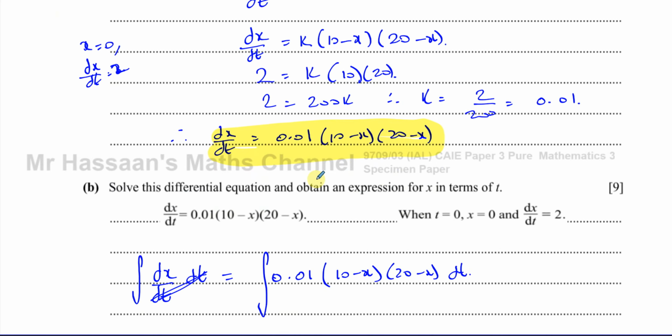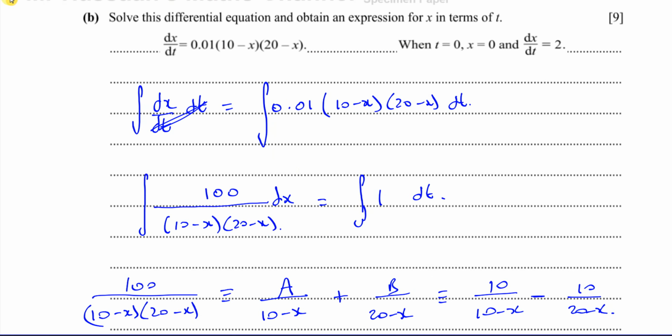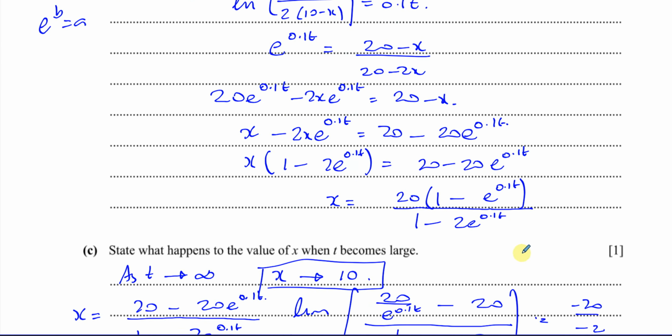One last point: the answer we got here could have been written the other way around. I can have it as 20 e to the power of 0.1t minus 20 over 2 e to the power of 0.1t minus 1. Both of them are fine. It just depends on which side you decide to bring the x's.